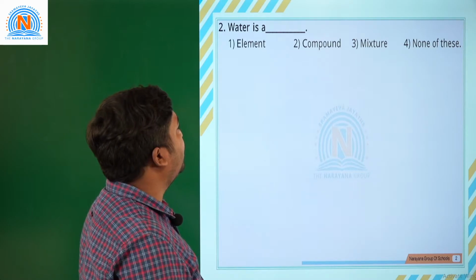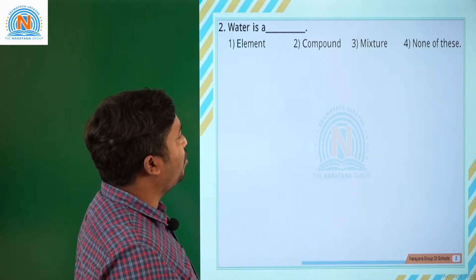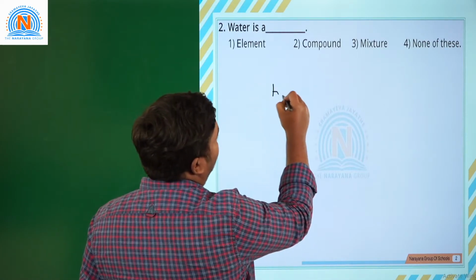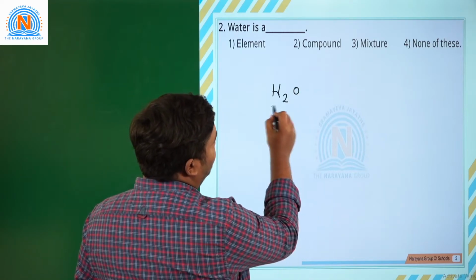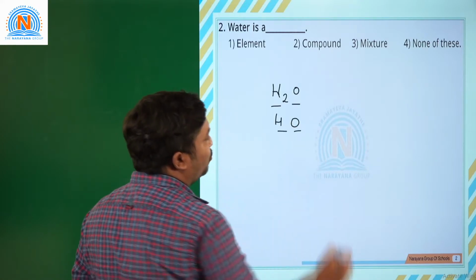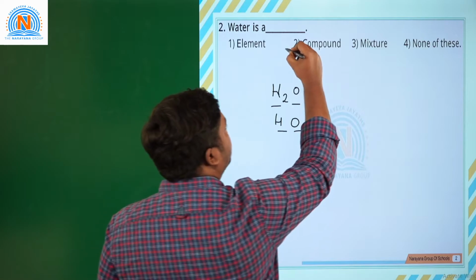Next, water is a, what is it, element, compound, mixture? None of this. Let us see. The formula of water is H2O, means there are a hydrogen element and oxygen element. Two elements are combined, then they form a compound.